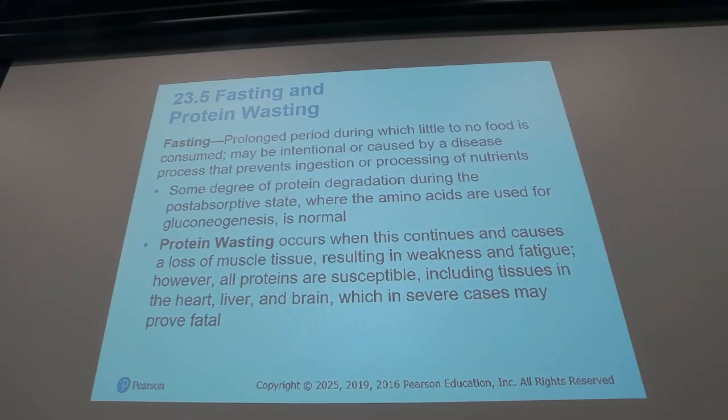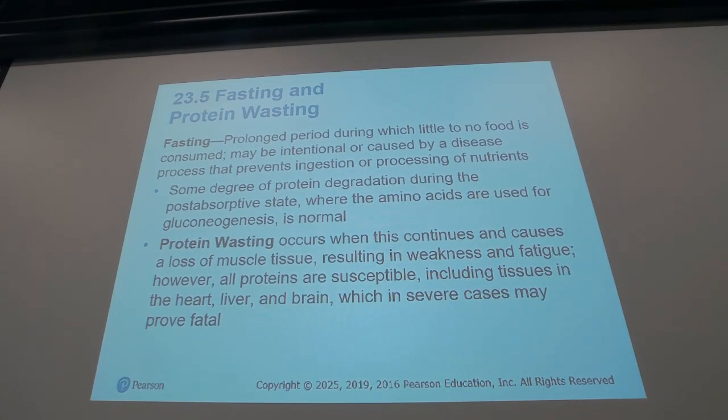Many people, when they undergo these crash diets, feel so happy because in a very short period of time, they lose weight. But the weight that they're losing is also muscular mass, and that's not good.